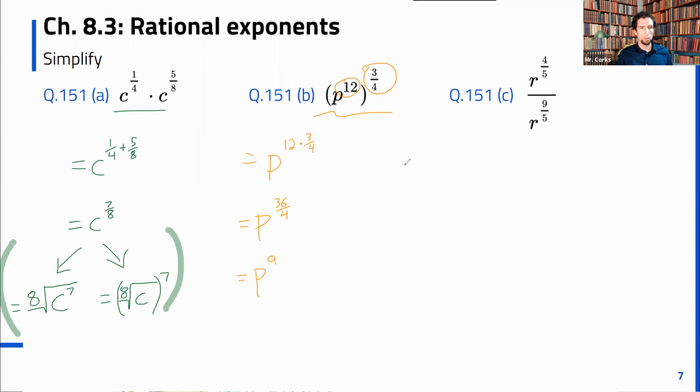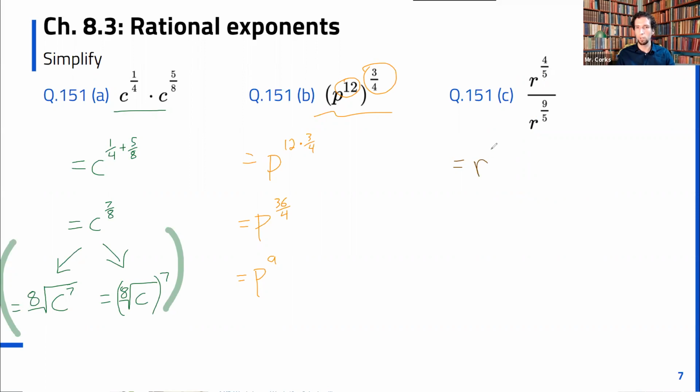The one on the right here. What's the first thing we would do? What's our first line? R to the exponent 4 over 5 minus 9 over 5. Okay, so we are dividing here. We have the same base, R and R, and we are dividing, so we are going to subtract the exponents from one another.